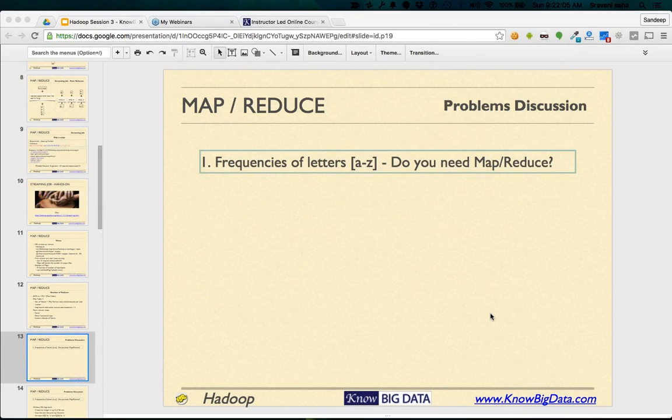All right, now here are some problems which I would like to discuss. Is everybody ready? Is everybody ready for discussion of the problems?